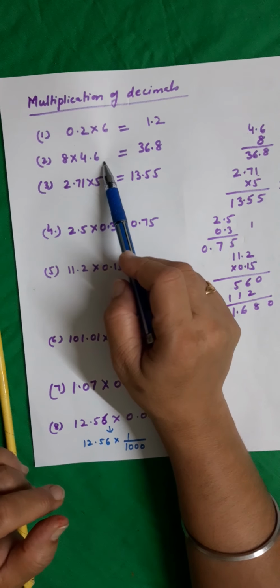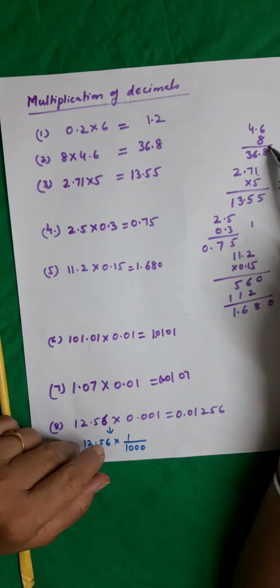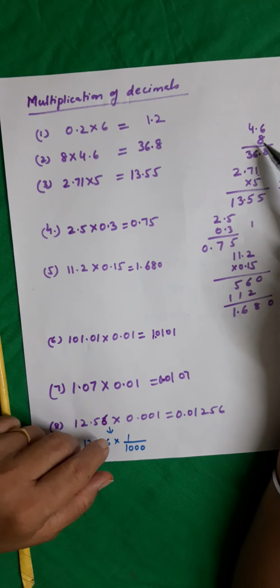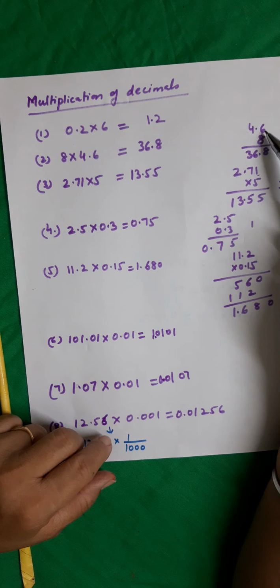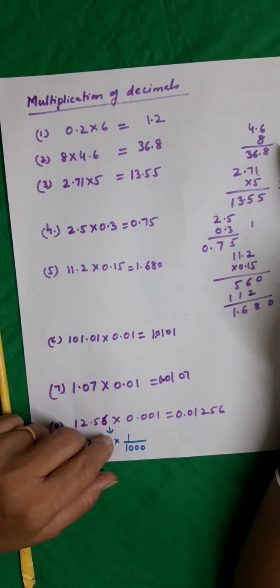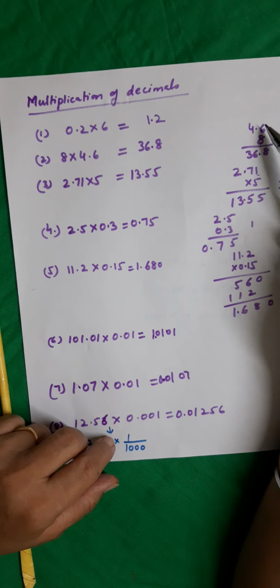8 into 4.6. 4.6 has to be multiplied ordinarily. Here 8 6s are 48, 4 carried, 8 4s are 32, 32 plus 4 is 36. How many places are there after the decimal? 1.